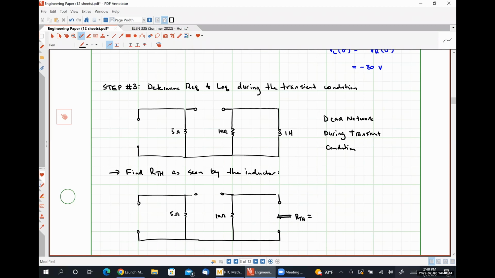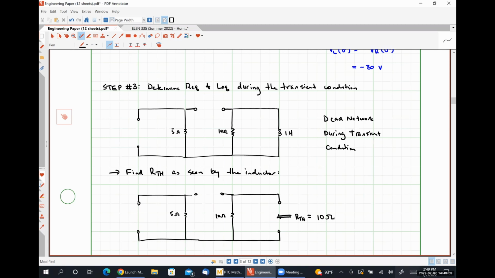What is it going to be? 10 ohms, exactly right, Devarier.